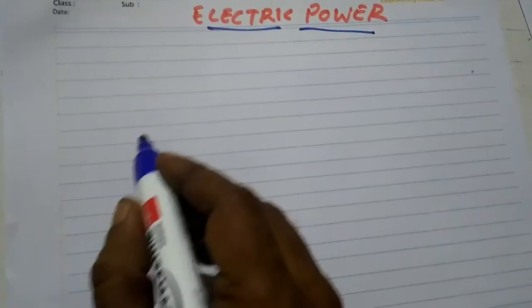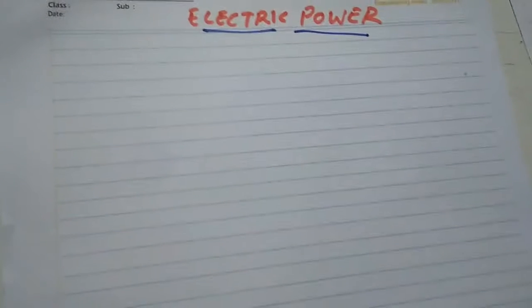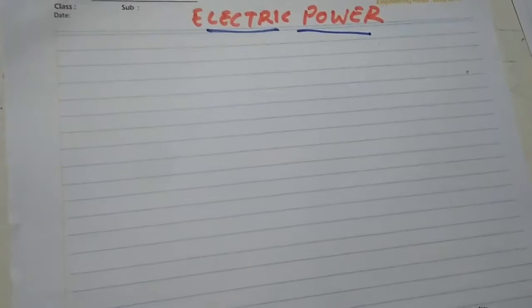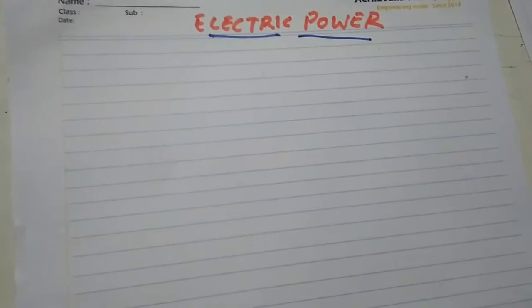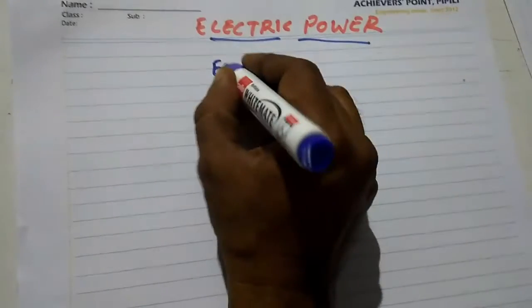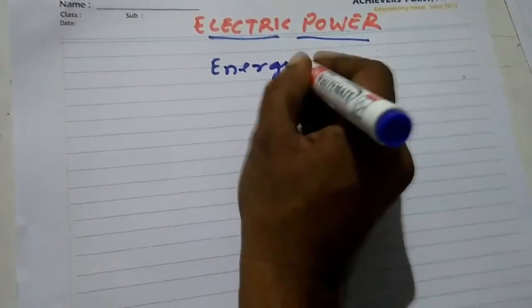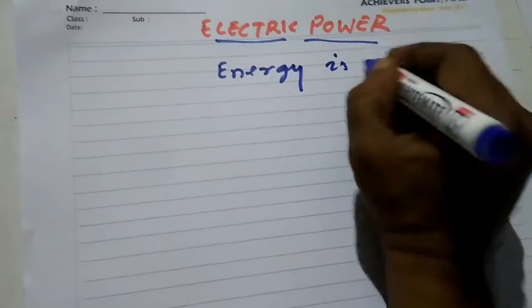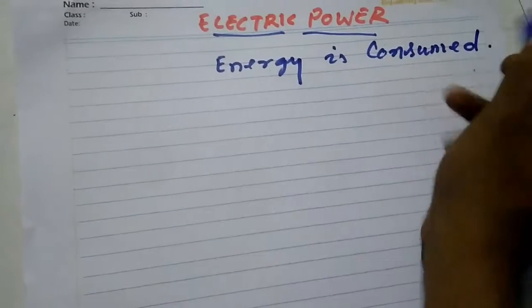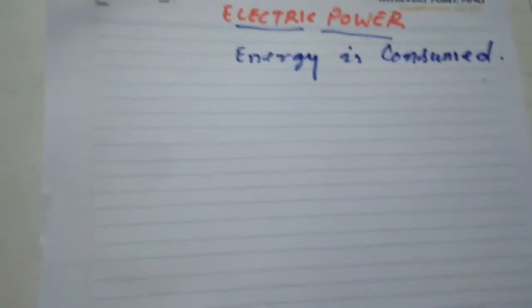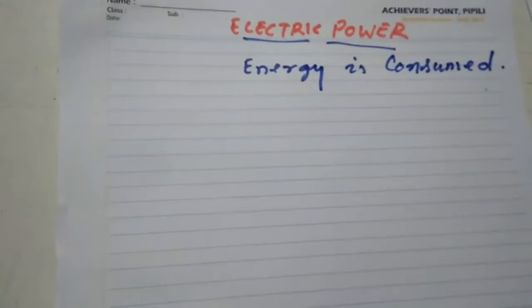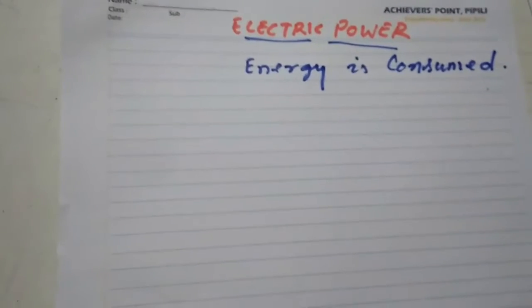P gives the rate at which energy is dissipated or consumed in an electric circuit.